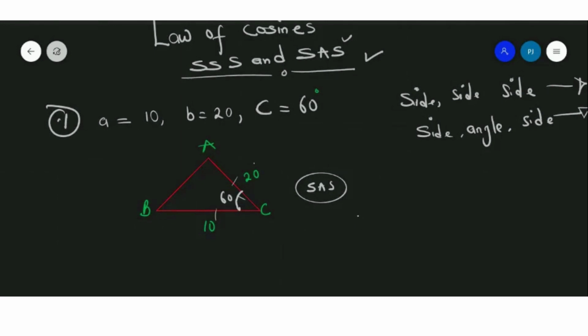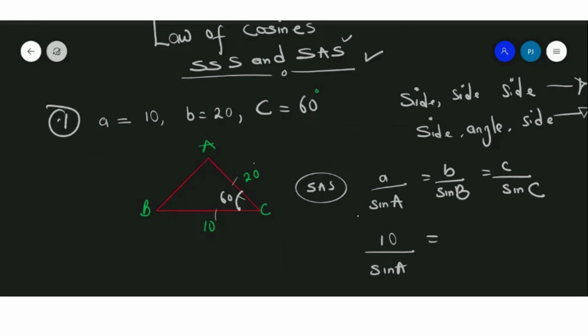So the sine rule says it's A over sine A is equal to B over sine B is equal to C over sine C. So let's check it out. What is A? A is 10 over what is sine A? We don't have sine A. What is B?